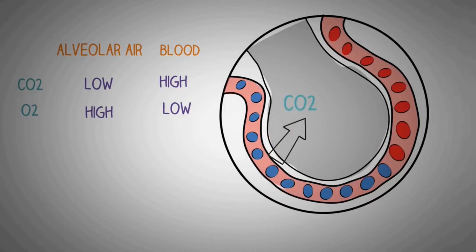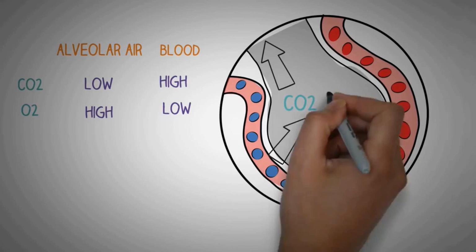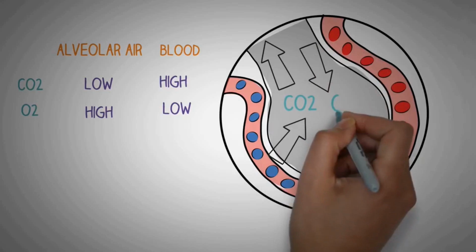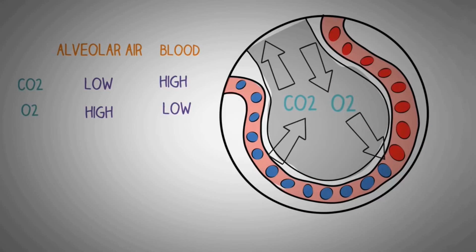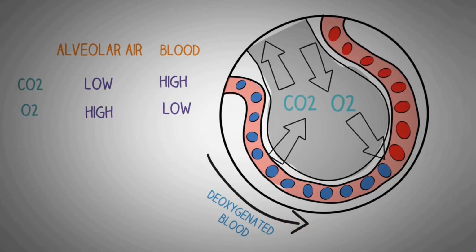Due to this, the high concentration of carbon dioxide is exchanged with the alveolar air and the carbon dioxide is released outside into the atmosphere, whereas the fresh oxygen coming through the alveolar air is transported to the blood and the blood is made oxygenated.